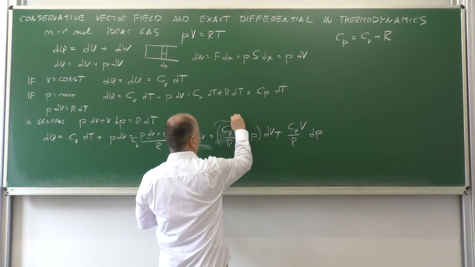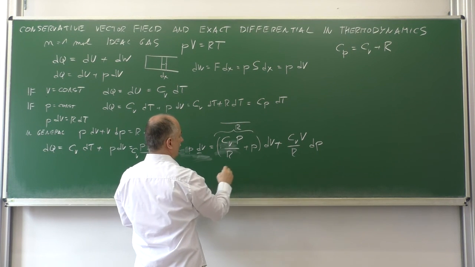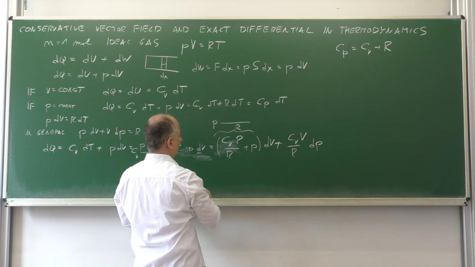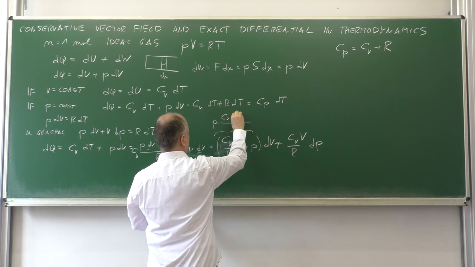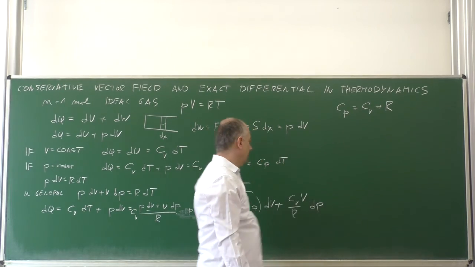But if we manipulate this bracket a little, we can bring these two terms to common denominator, and we can factor out P, and we have Cv plus R. But Cv plus R is Cp.